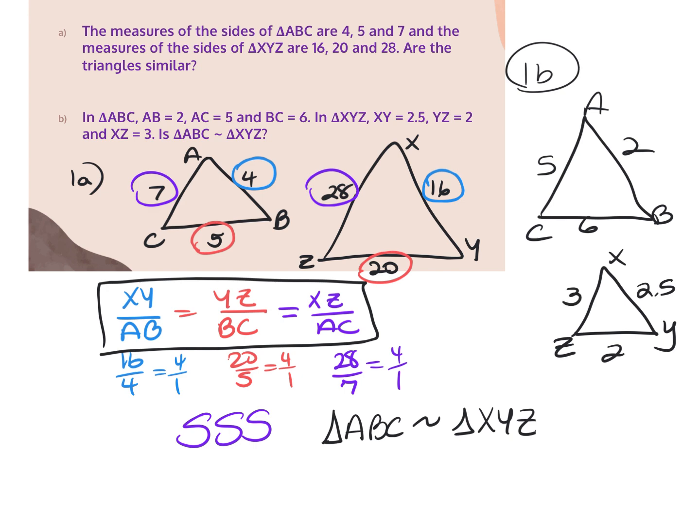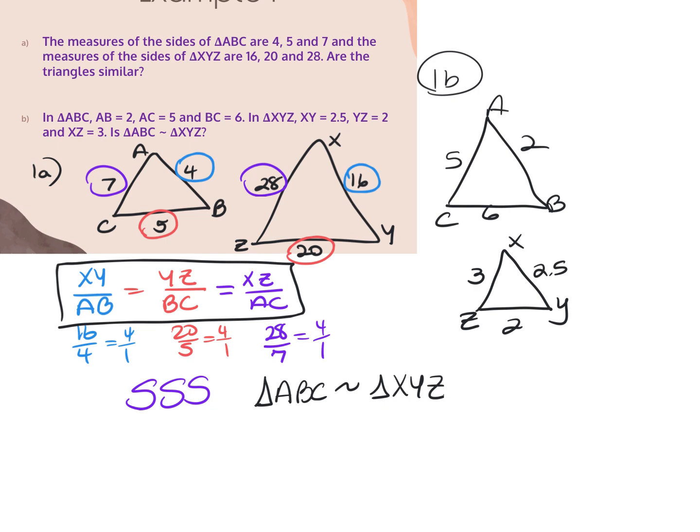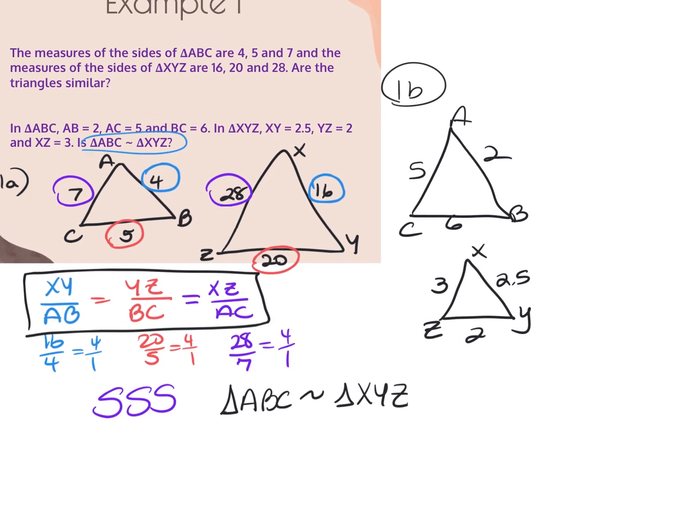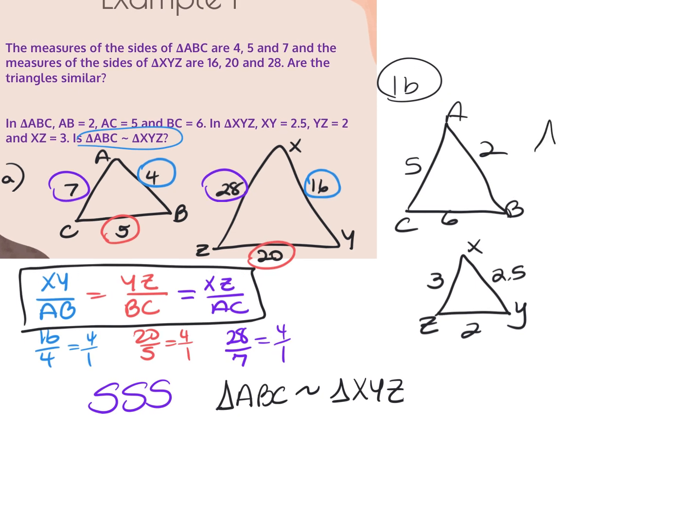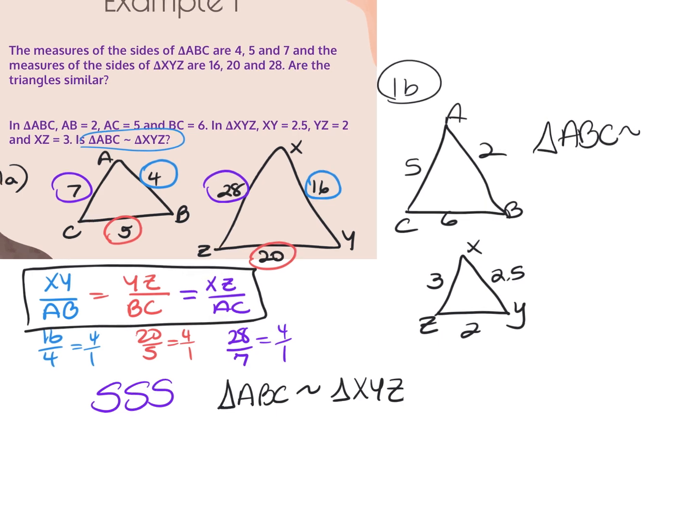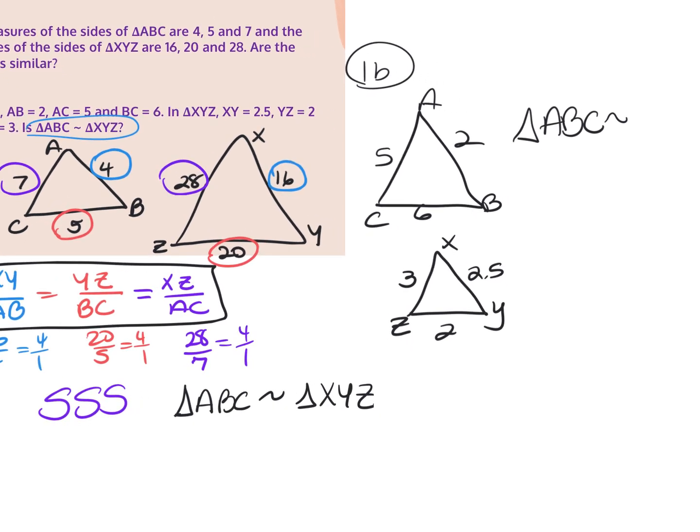Also, what they gave me was a similarity statement here to check. So they want me to check to see, is triangle ABC similar to XYZ? So let me go in the order that it's listed. So I'm going to check to see if AB is proportional to XY and set up all the sides.